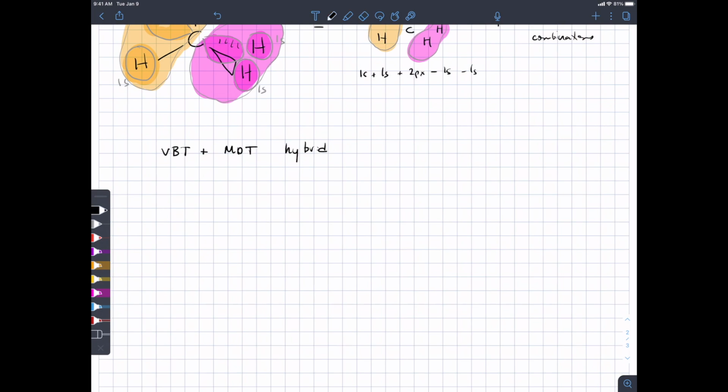is going to involve, first, the idea that sigma bonds are localized between 2 atoms, but we're going to remember the sigma star antibonding orbitals, that they exist.